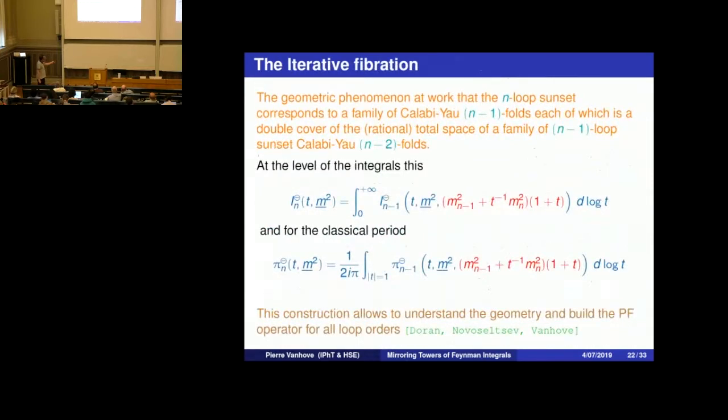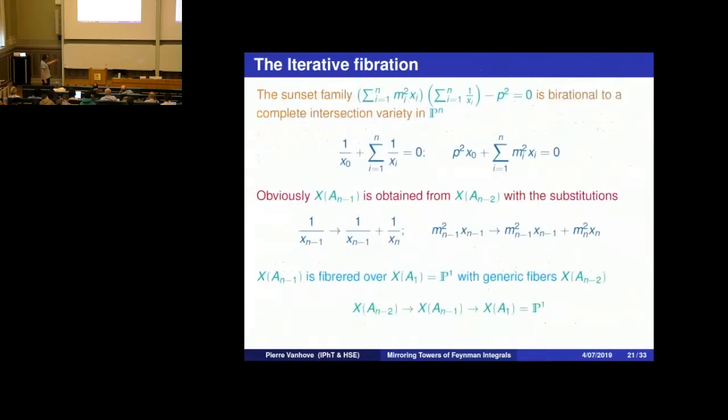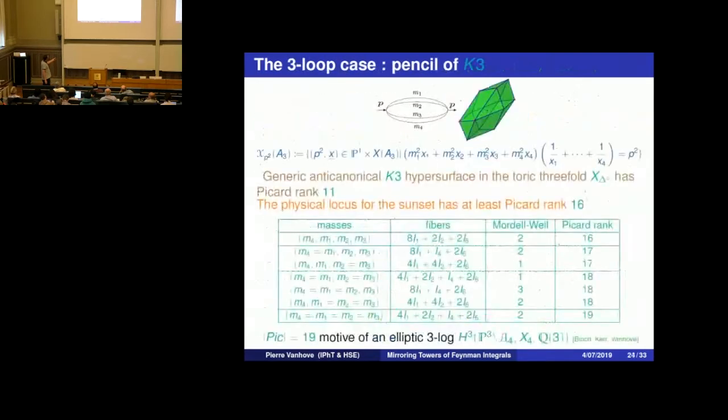So here, in this table, I've been using this fibration construction, and for example, when I go from what I was calling two loop to three loop, you see M4, one of the new masses that appears, comes into my fibration construction. So this is what I call M4 here.